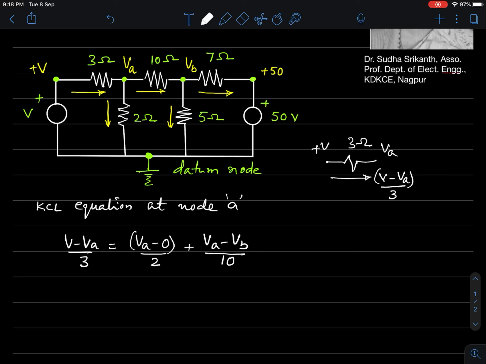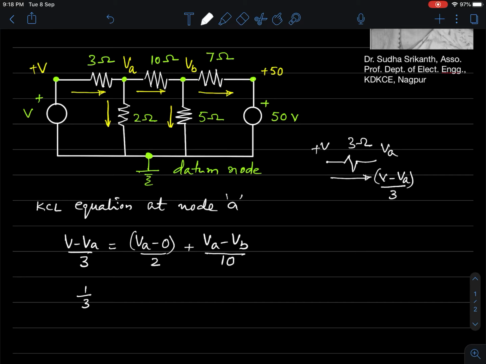Now if I rearrange, if I group the terms, all the VA terms and VB terms, I'll be able to write the equation to be equal to, I'll collect all the terms with VA as the coefficient.